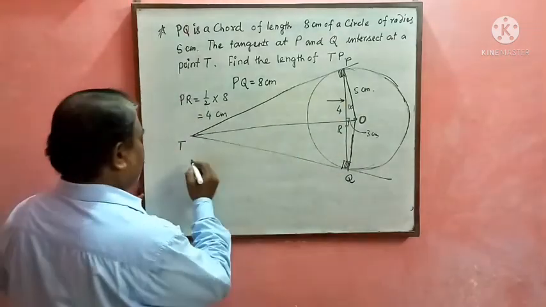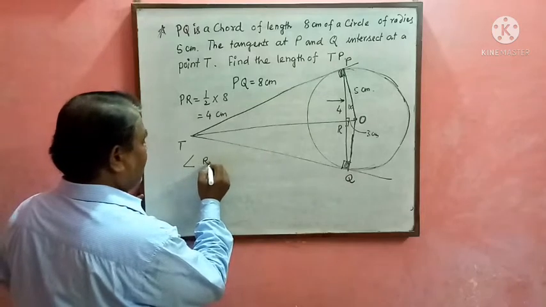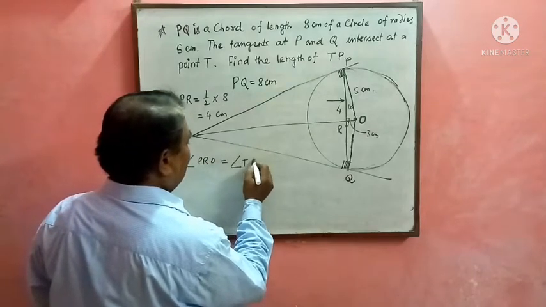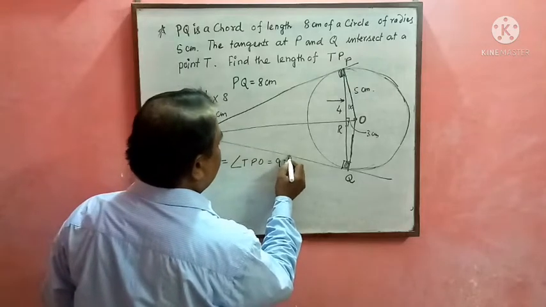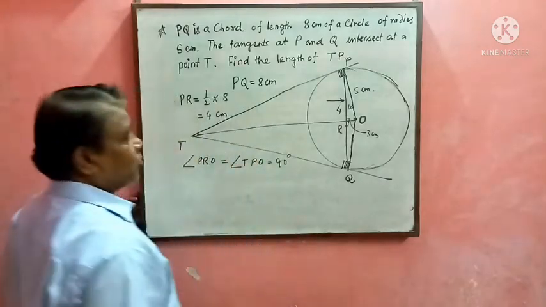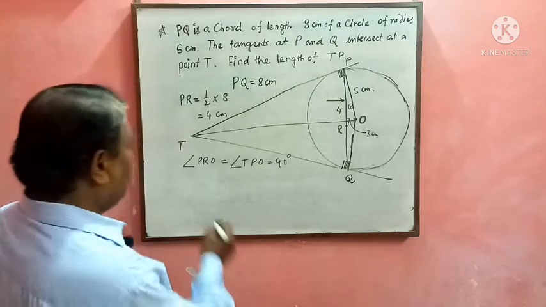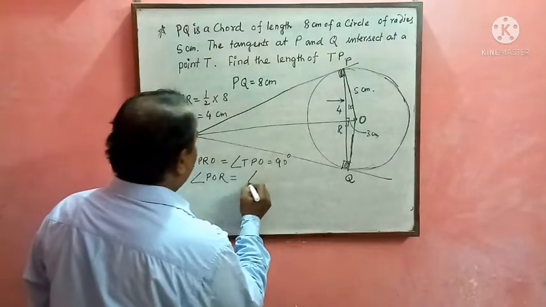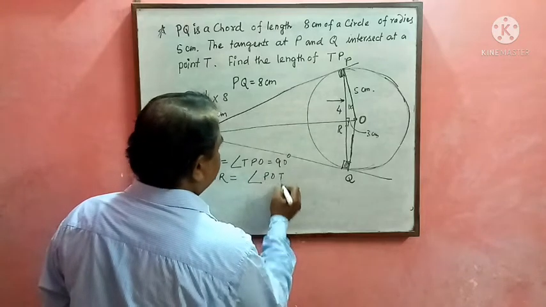You may write angle PRO is equal to angle TPO is equal to 90 degree each. And angle POR is equal to angle POT, common.